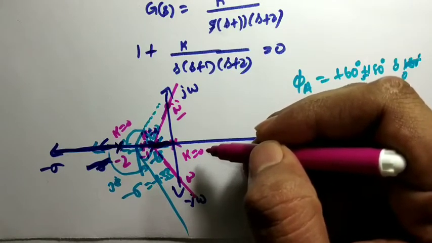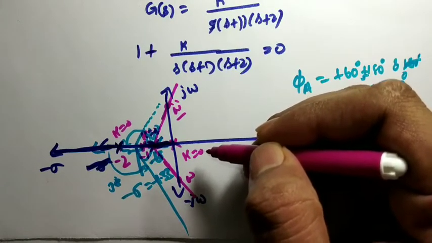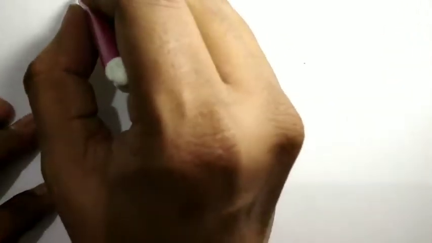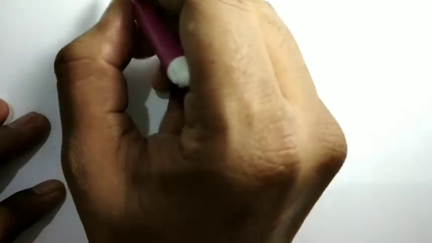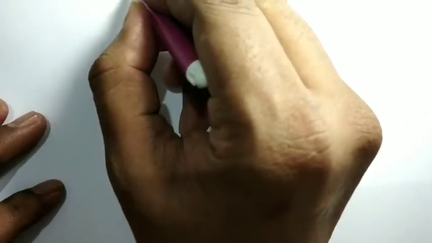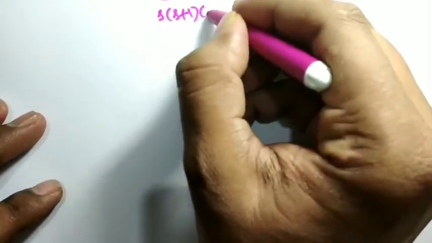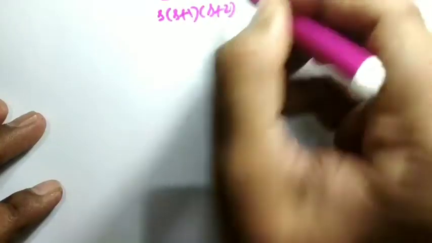You just take the characteristic equation. So what is the characteristic equation from this? The characteristic equation is 1 plus k by s into s plus 1 into s plus 2 is equal to 0.